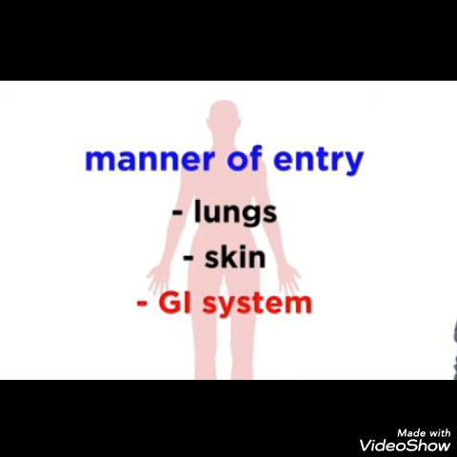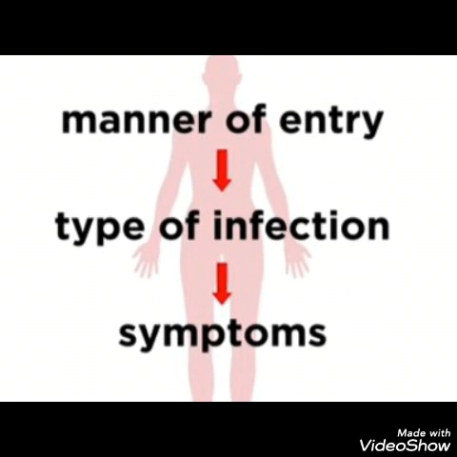If bacteria invade the lungs, symptoms appear in the lungs. If it happens through the skin, symptoms are produced there. If GI infection has occurred, then diarrhea, abdominal pain and GI symptoms appear. So the type of infection depends on the manner of entry, and that's how the typical clinical manifestation comes out.